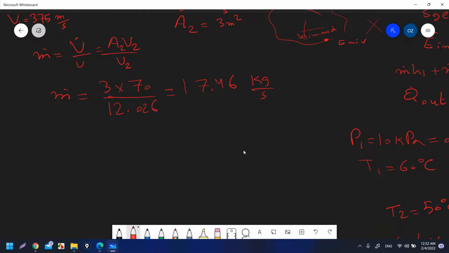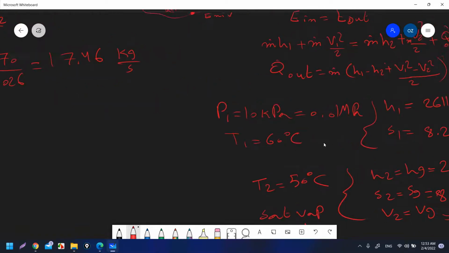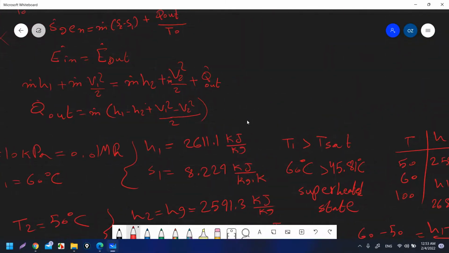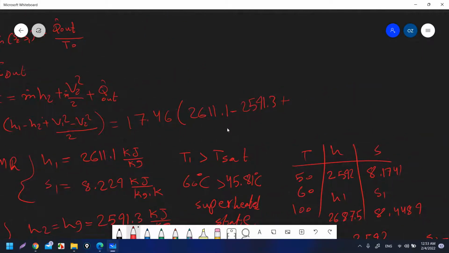Okay, for Q dot out, because I want to find the exergy destroyed and I need Q dot out, it will be m dot, which is 17.46, times H1 minus H2, which is 2611.1 minus 2591.3, plus V1 squared, which is 375 squared minus V2 squared, don't forget the bracket, and don't forget to divide by 1000.